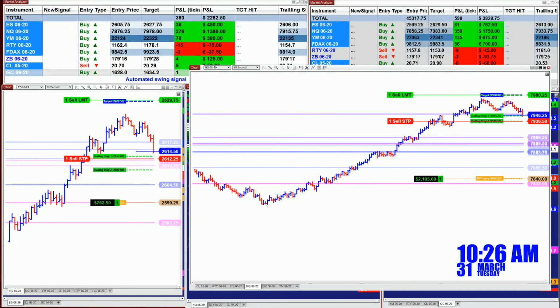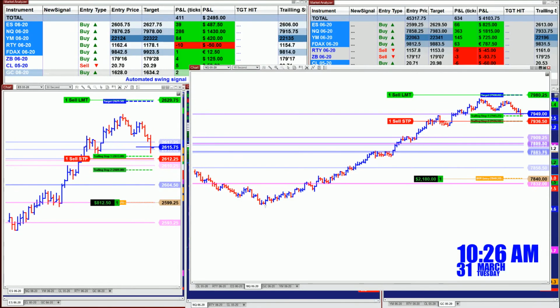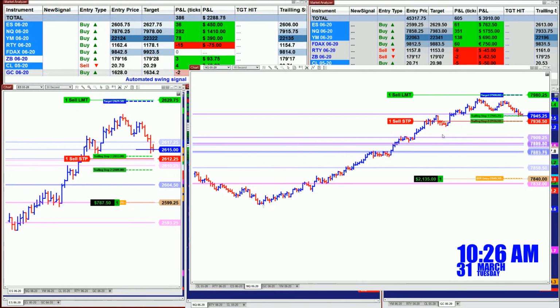The market now is done on those parts. Let's see what else there is. Now we are going down to the minor support area on the ES and on the Nasdaq. This is a major support area, the second trending stop. So let's see what happened.